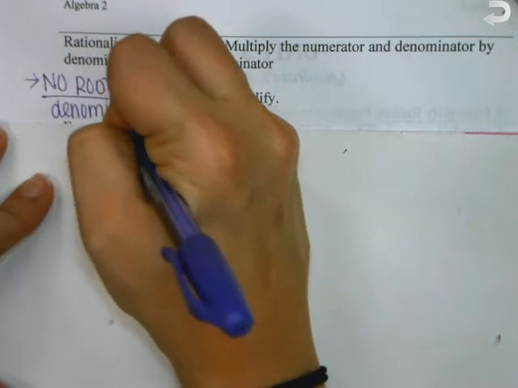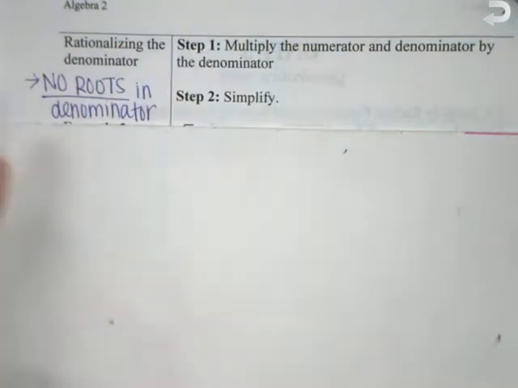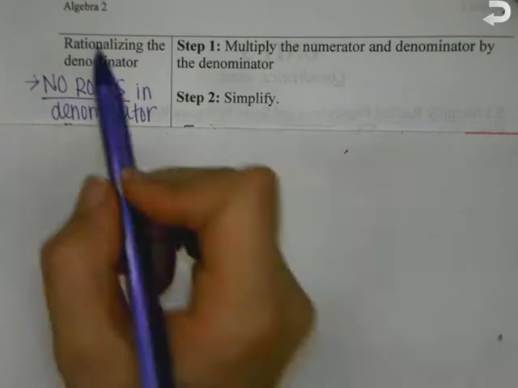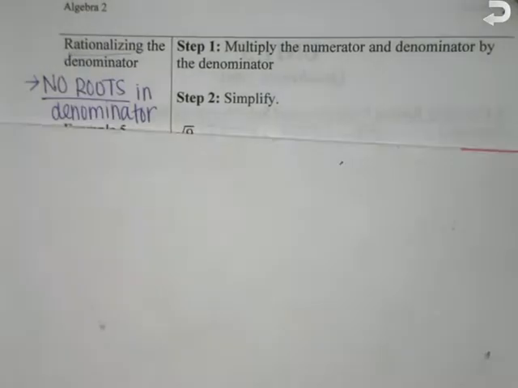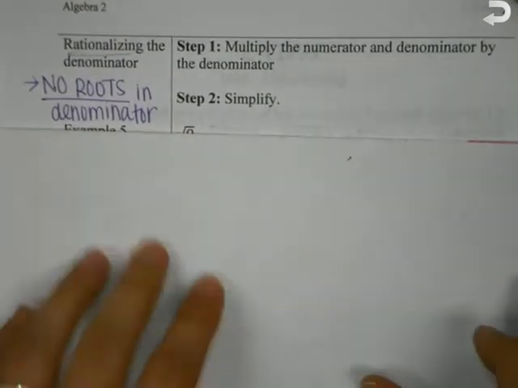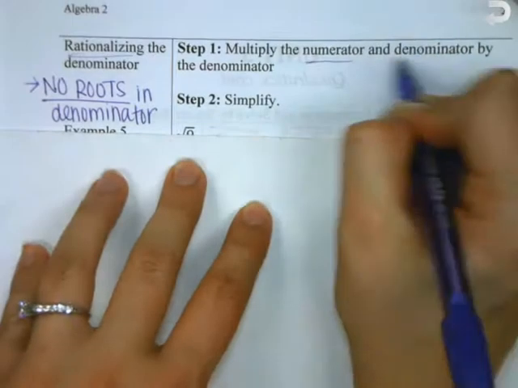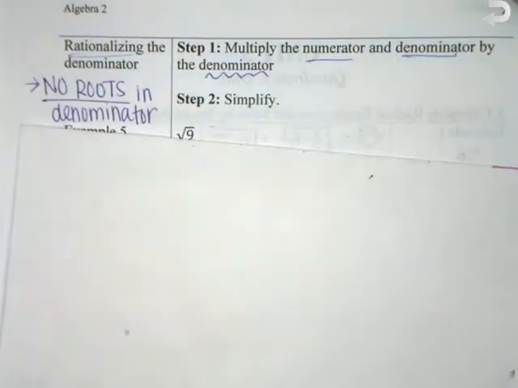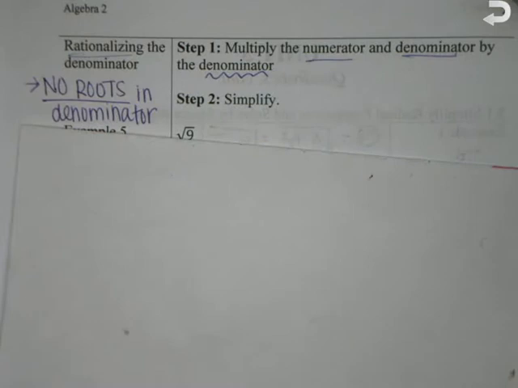Big no-no. So if you ever see a root in the denominator, we're going to do what's called rationalizing the denominator. Two steps. First, we're going to multiply the numerator and denominator by the denominator. So whatever's at the bottom, we're going to multiply top and bottom by that same number. And then we're going to simplify.